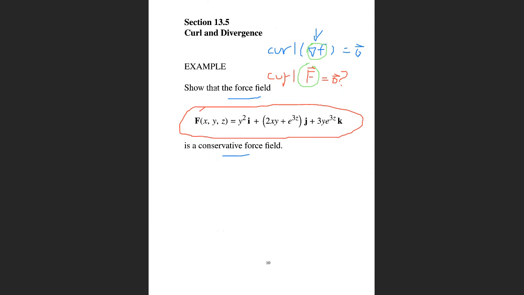So that's how, with a three-dimensional vector field, we can establish if it is conservative or not. Because if it is conservative, then naturally we would want to use the fundamental theorem of line integrals to compute the work that the vector field does in moving a particle from one point to another point in the field.